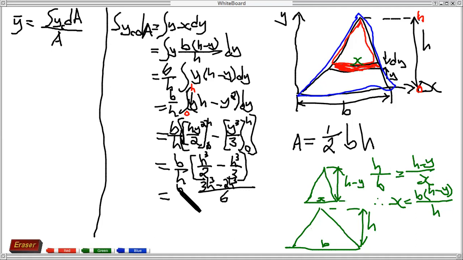Then you still have b over h on the outside. Once you subtract those, this portion will just become h to the power 3 over 6.